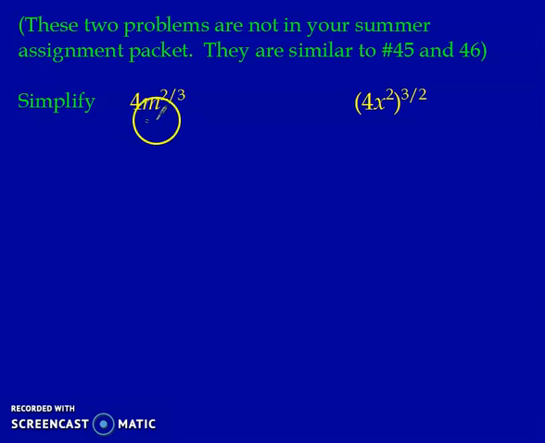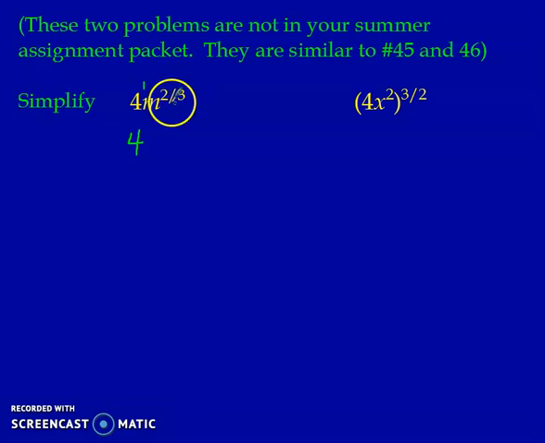Alright, so let's simplify this one. The key point to notice about this problem is that this exponent, 2/3, belongs to the m, but does not belong to the 4. The 4 has its own exponent, if you will, and it's a 1. So we can just say the 4 is unaffected by the exponent.